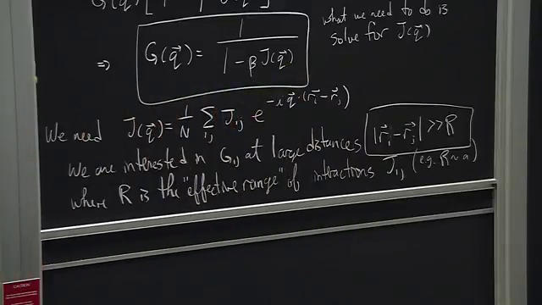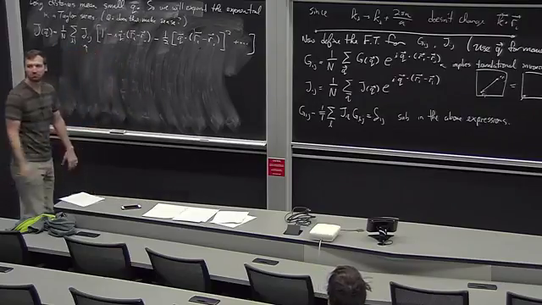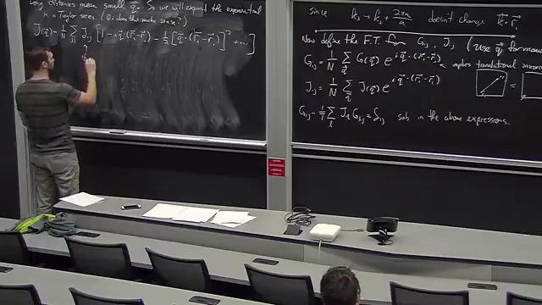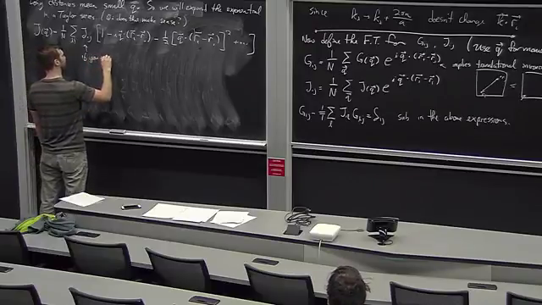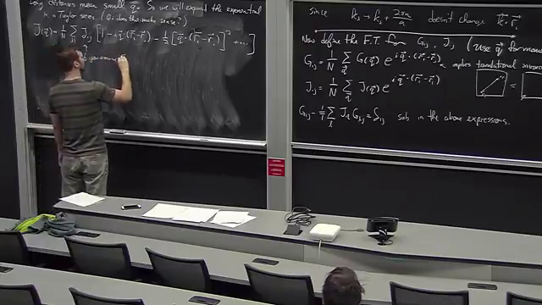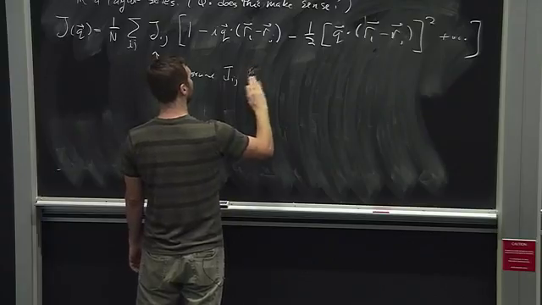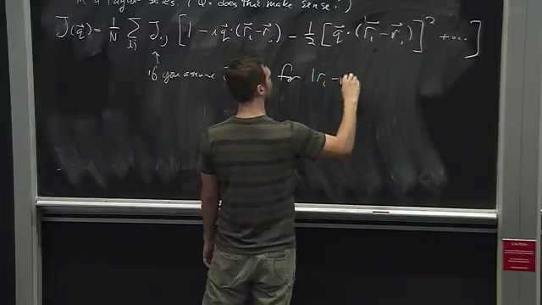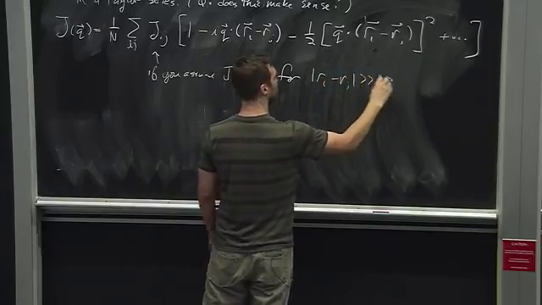I think that's a good explanation. It means you made an assumption about this. So this is perfectly valid if you assume Jij is less than 1 for Ri minus Rj greater than R, say.